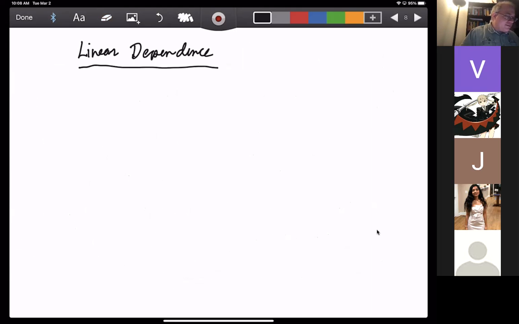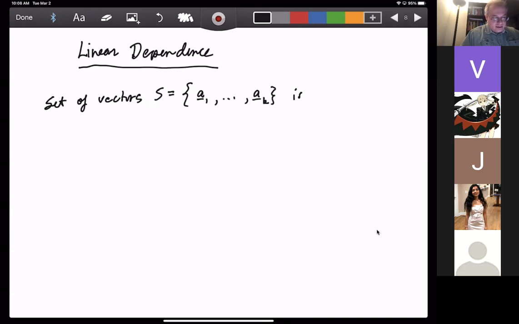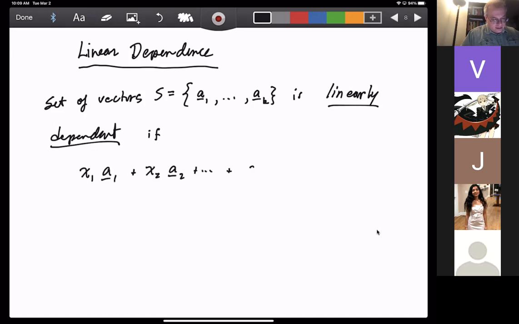So, we're going to define what we mean by linear dependence. The set of vectors S equals A1 up to AK, we say it's linearly dependent if we can take a linear combination of the vectors in our set and get to the zero vector, right?